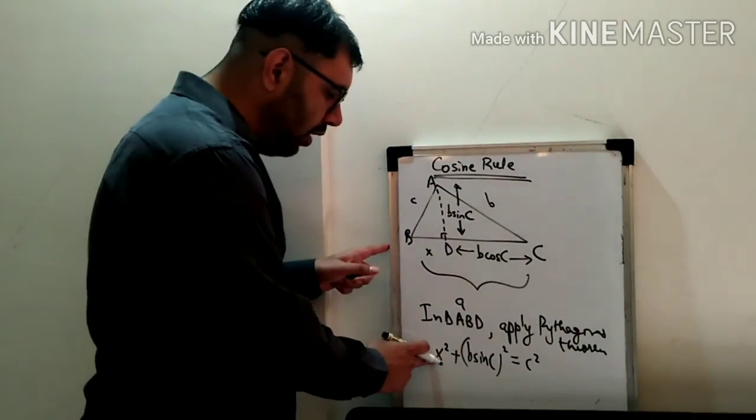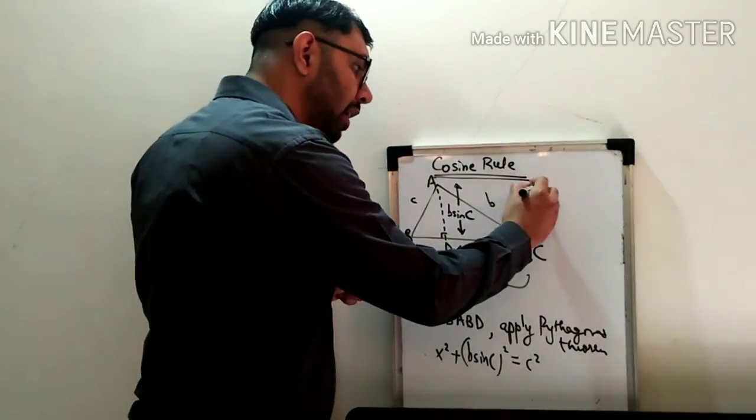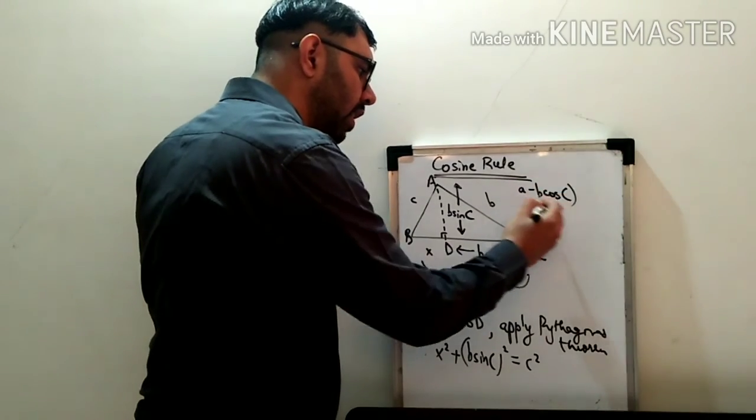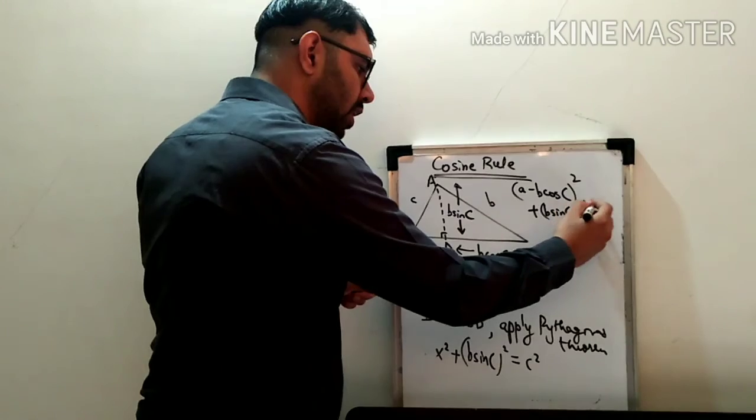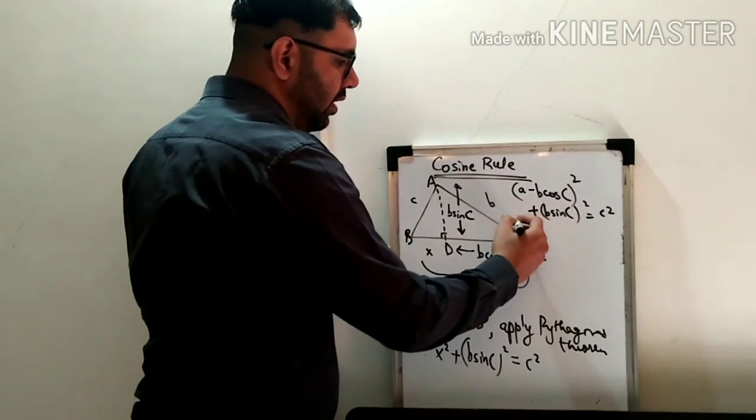If I substitute x equal to a minus b cos C, I get (a minus b cos C) whole square plus (b sin C) whole square equal to c square on the right hand side.